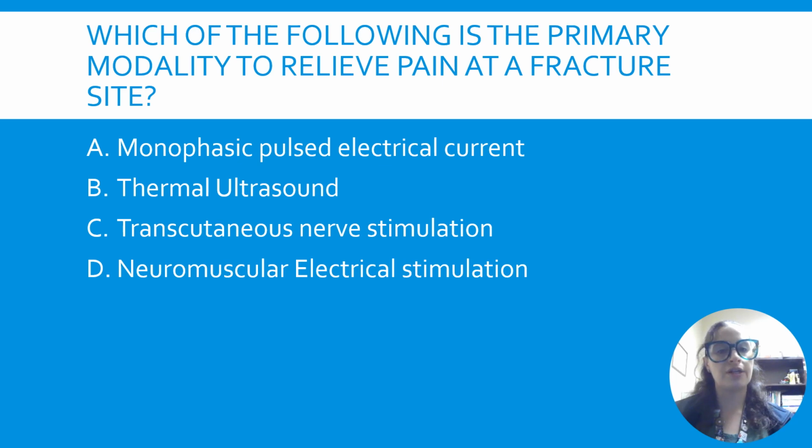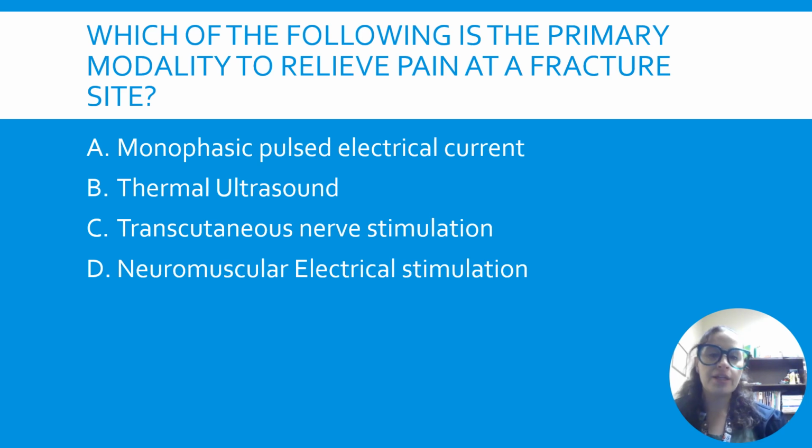So the trick there is that you might go for this B, but it is not B. So that means we have three other options, A, C, and D. You're talking about a fracture, but the question says to relieve pain. It doesn't say to heal a fracture. It says to help with pain. A, C, and D are all ESTIM related.